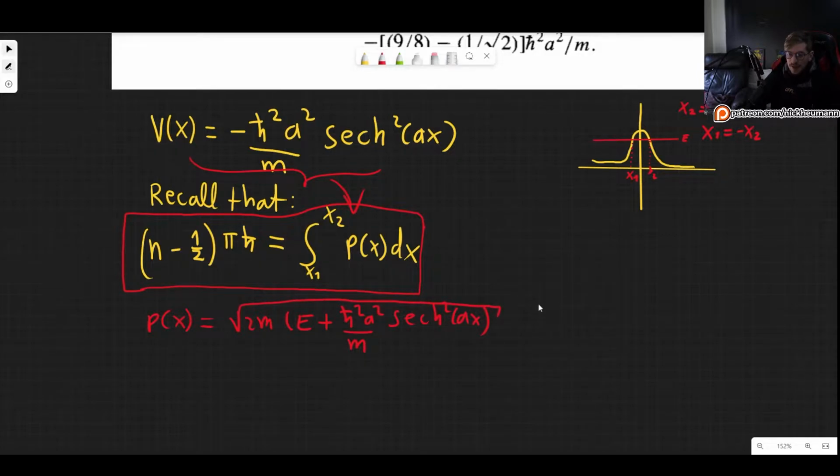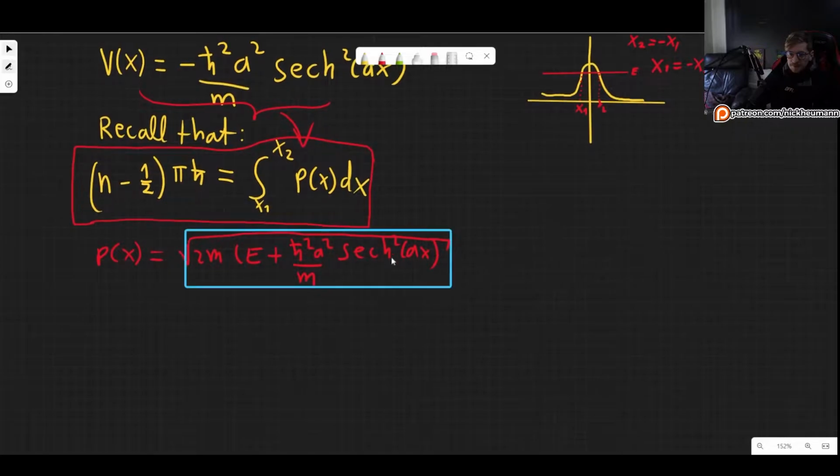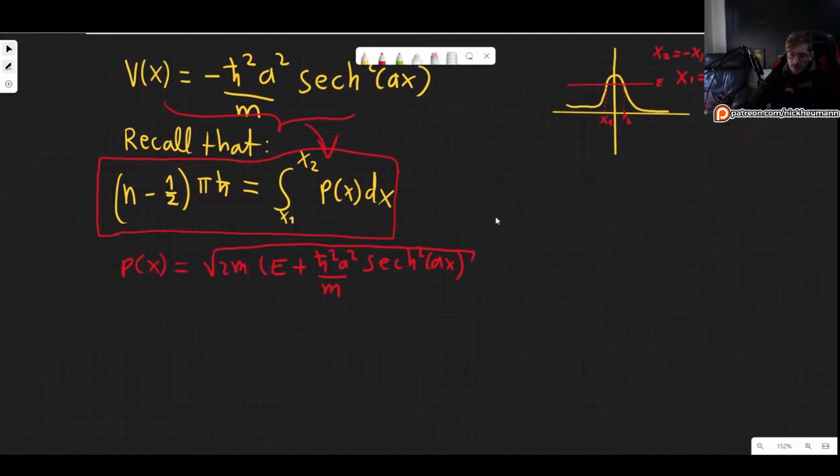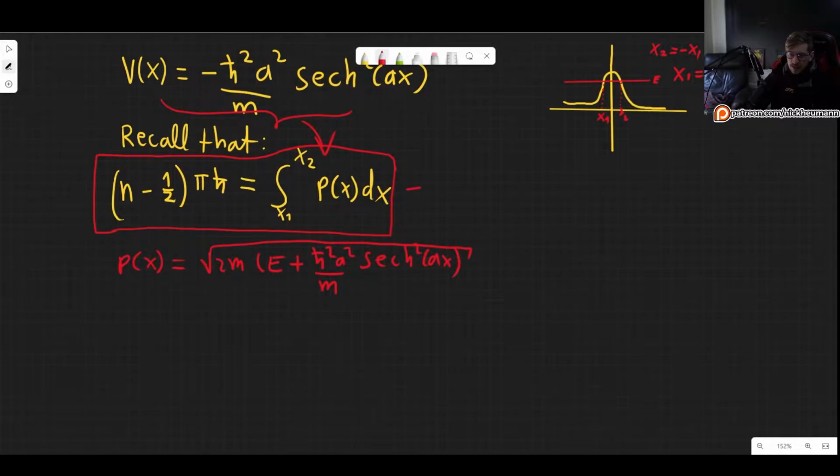There we go. And there's not too much we can do here to further simplify it. So let's plug it in immediately. So we integrate now not from x1, but rather from minus x2 all the way to x2, because x1 and minus x2 are the same thing because of the symmetry of the problem.